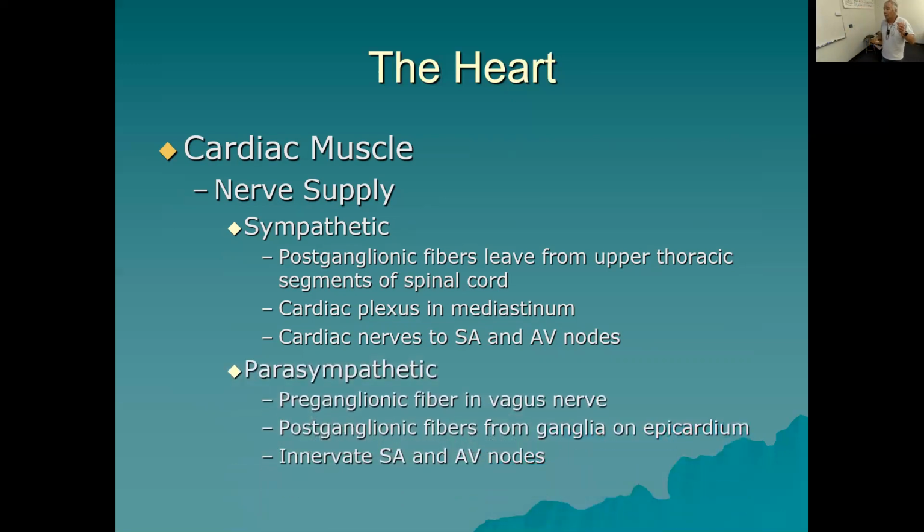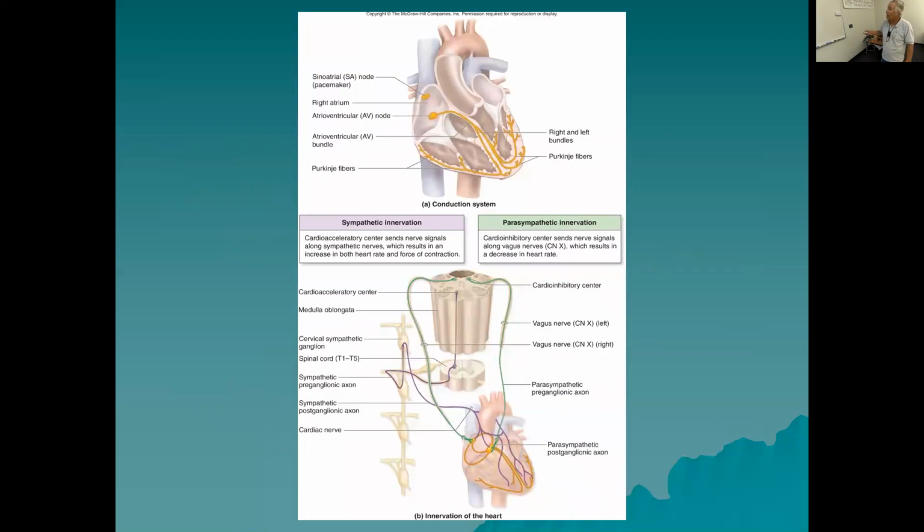Parasympathetic is along a preganglionic fiber in the vagus nerve, and the postganglionic fibers from ganglia in the myocardium innervate the SA and AV nodes, but do not innervate the actual heart muscle. The sympathetic part of the autonomic nervous system actually does innervate some regular contractile cardiac muscle. Okay.